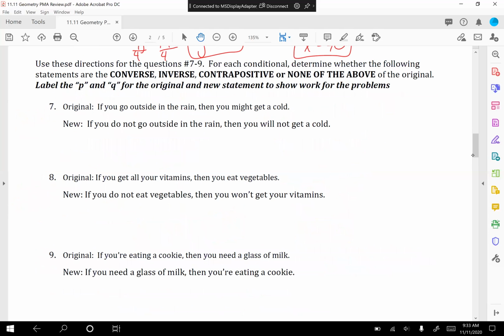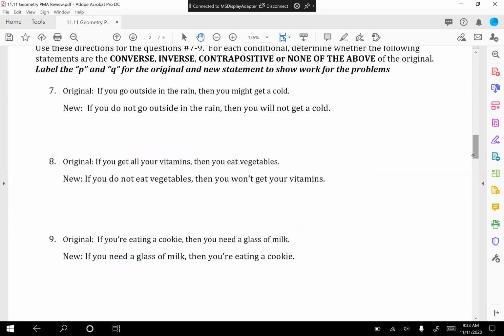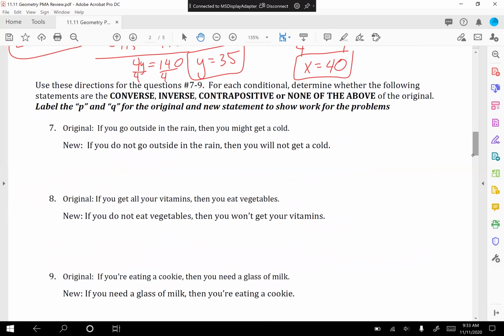All right. Now we're going to go and review about logic. Okay, logic here. We have to decide if the new one, so they give us the original and they tell us the new one, we have to decide if it's the converse, the inverse, the contrapositive, or none.